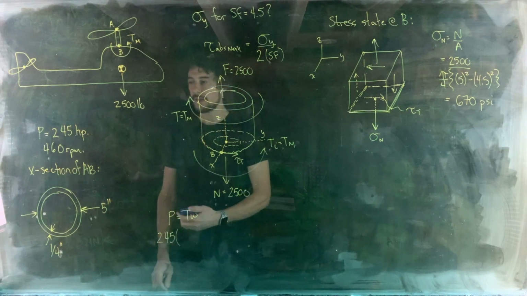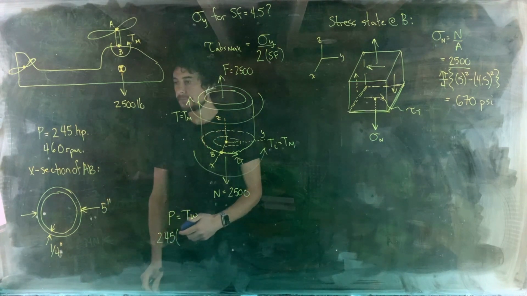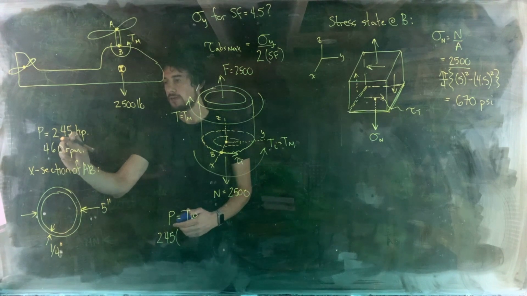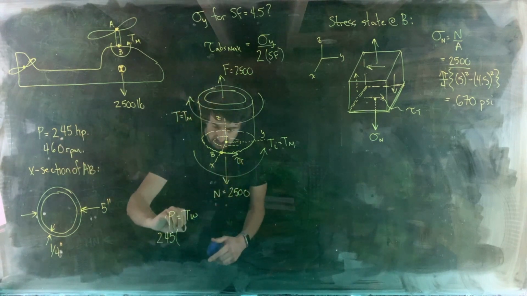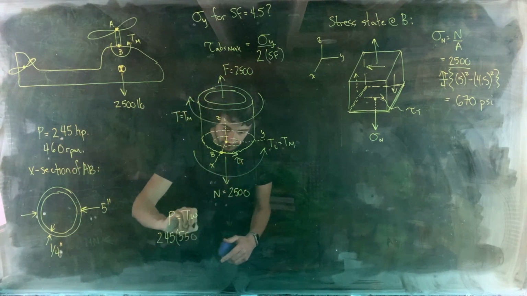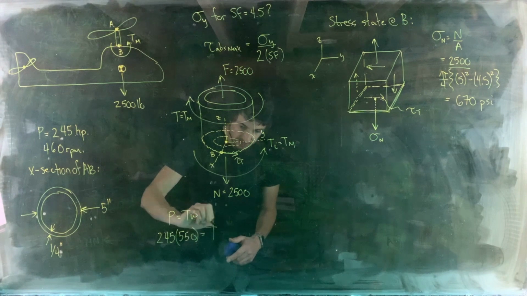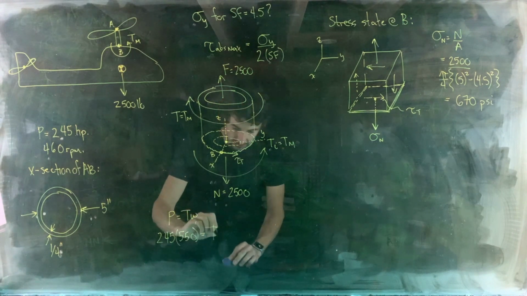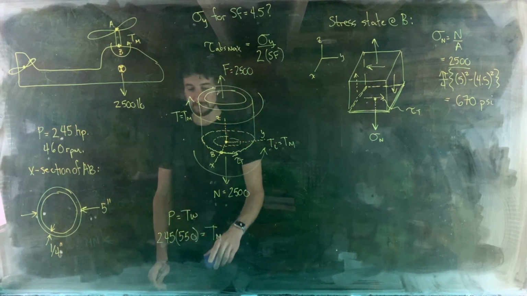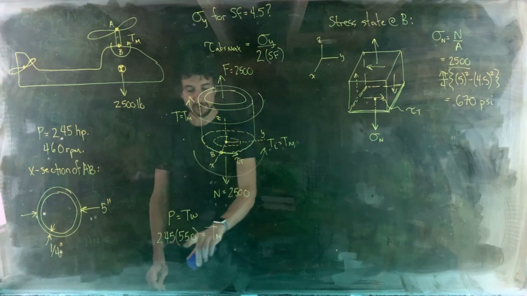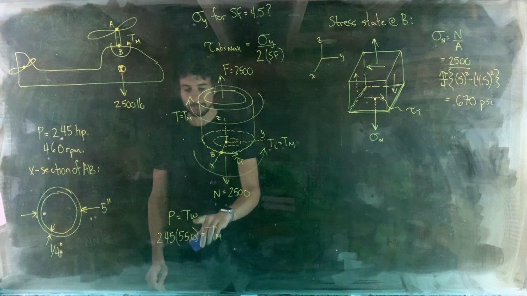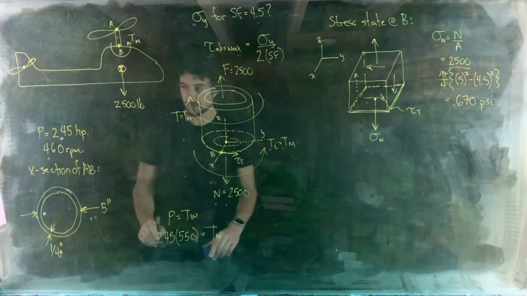We need to convert that to pound-feet. So the conversion is 1 horsepower is 550 pound-feet per second. So we've got 550 in here. So that means that T in this case, which is Tm, torque from the motor, is going to be coming out in pound-feet because now our power is in pound-feet per second. Omega needs to be in radians per second.